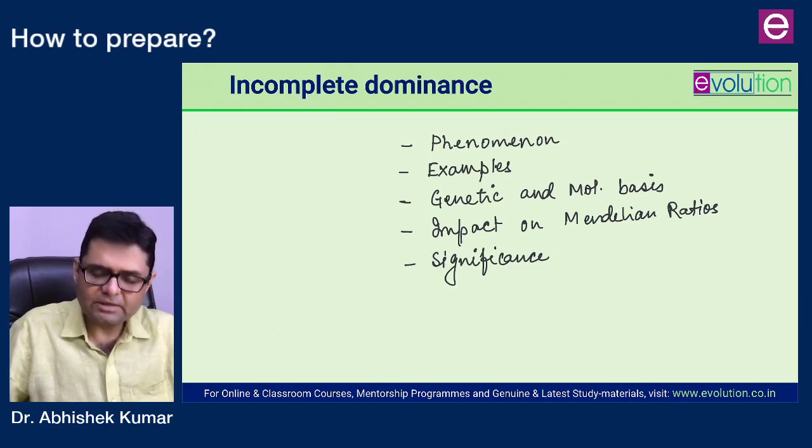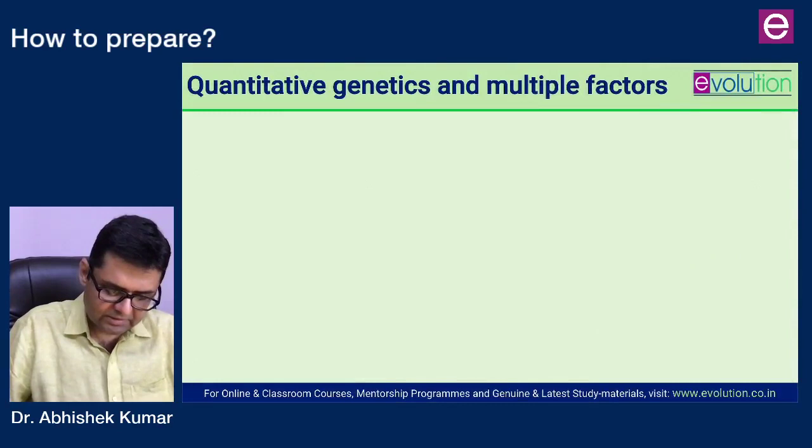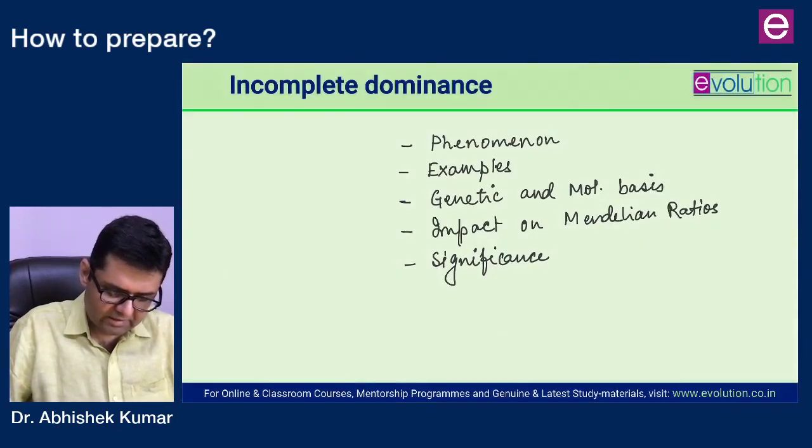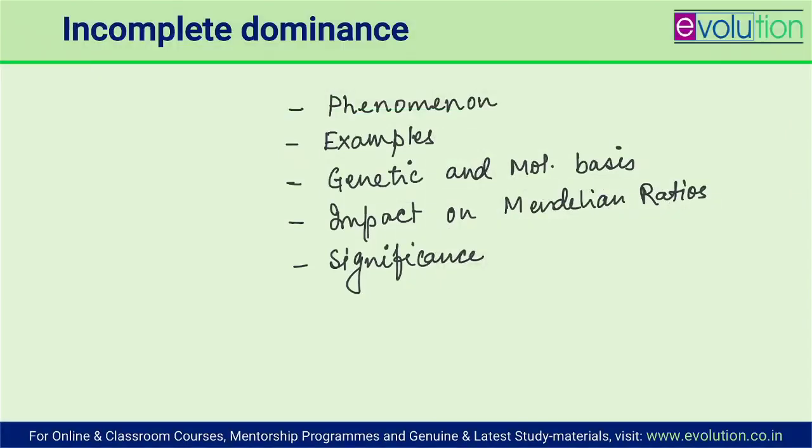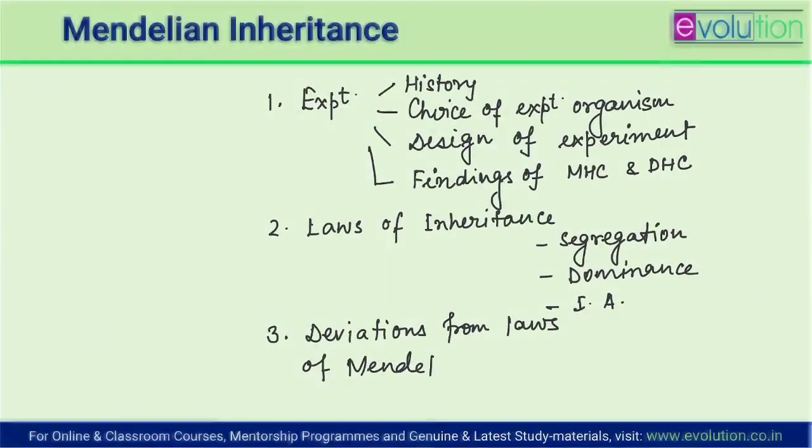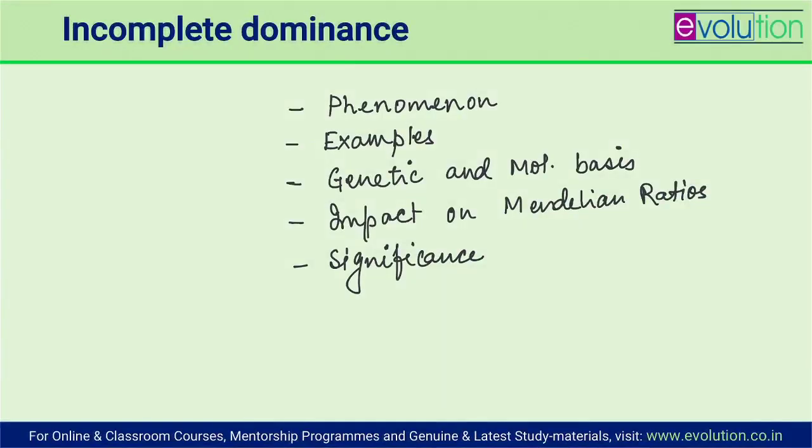Okay, what I'm noticing is that both the titles are the same, incomplete dominance and again incomplete dominance. But what I mean here is not incomplete dominance, but multiple alleles.